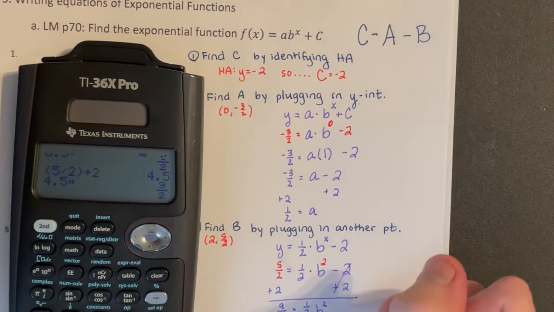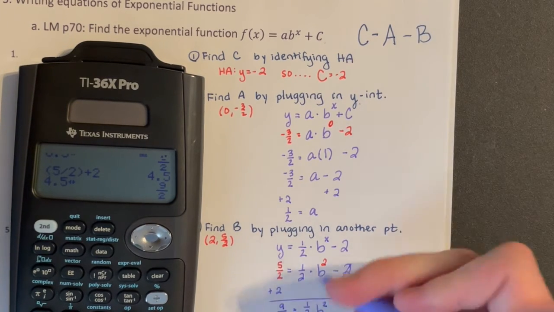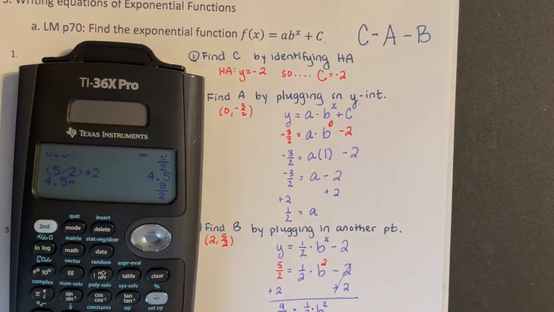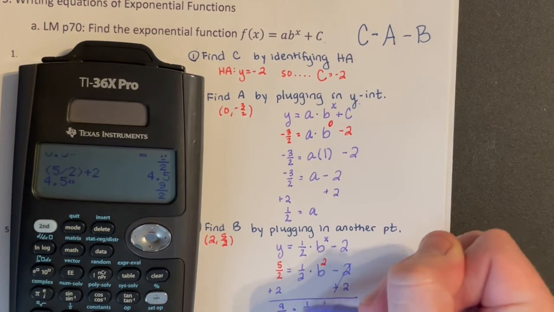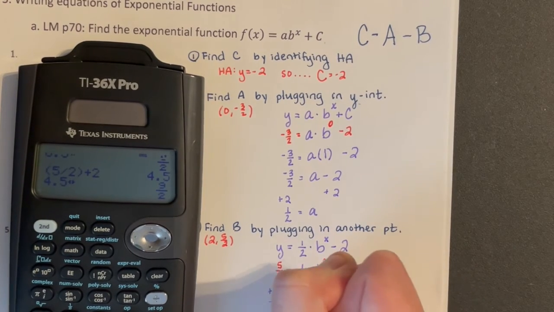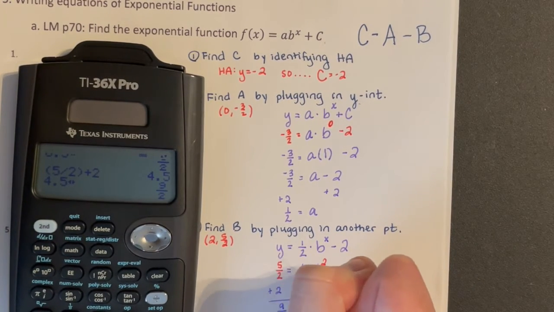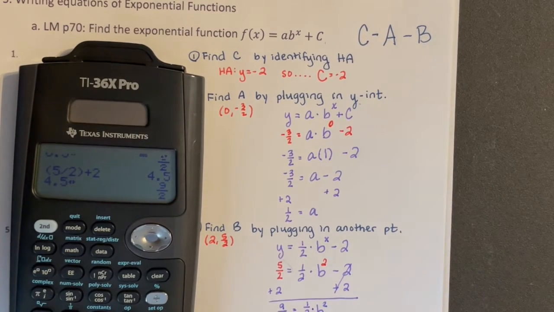At this point, we have to decide what we're going to do first. We've got 1/2 times that squared, but when we're doing the inverse operations, we're going backwards in the order of operations. So I need to undo the 1/2 first. So I'd divide by 1/2. And I'm left with b squared on the right.